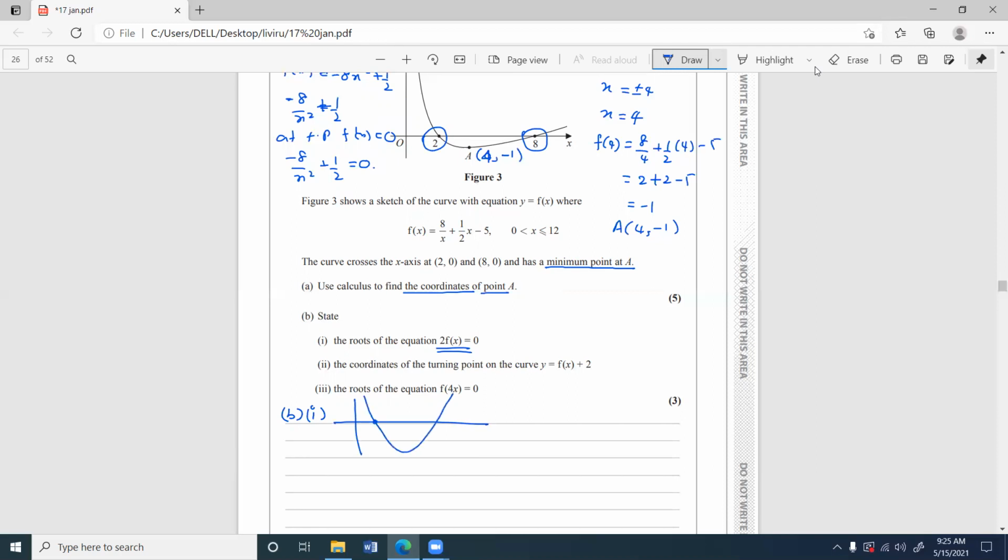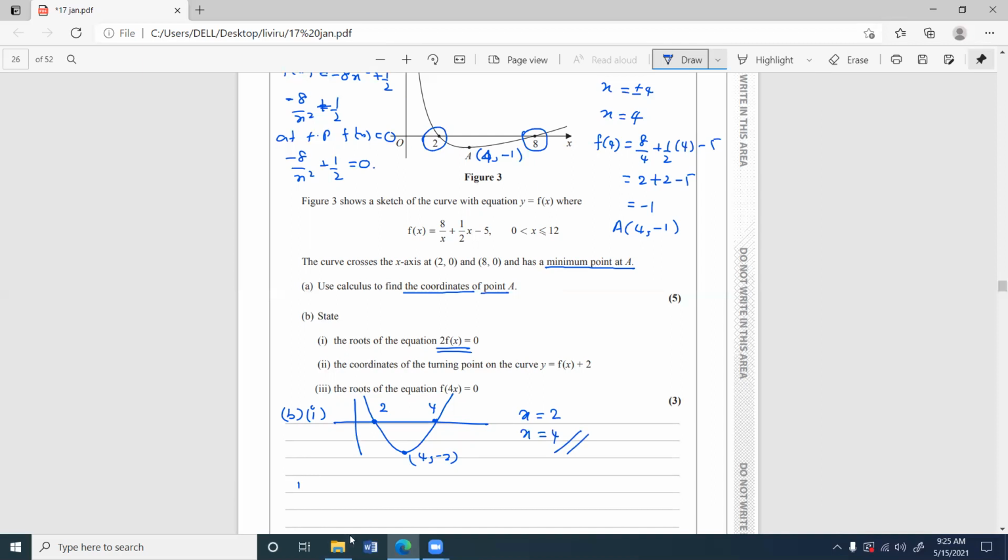It doesn't make an impact on the x coordinates, so the roots are still here. Therefore the roots would be 2 and 4. When you multiply by 2, it affects only the y coordinates.